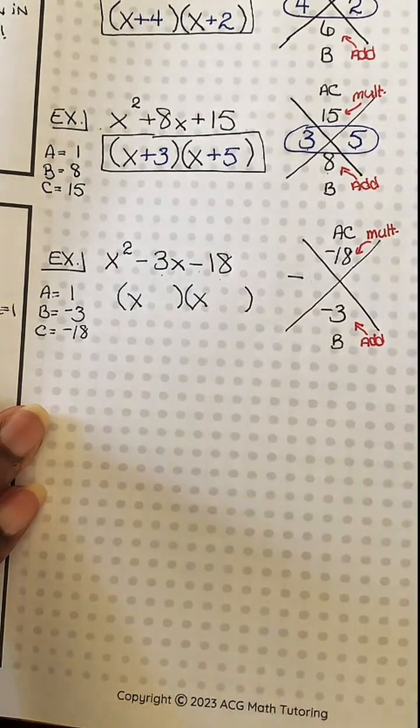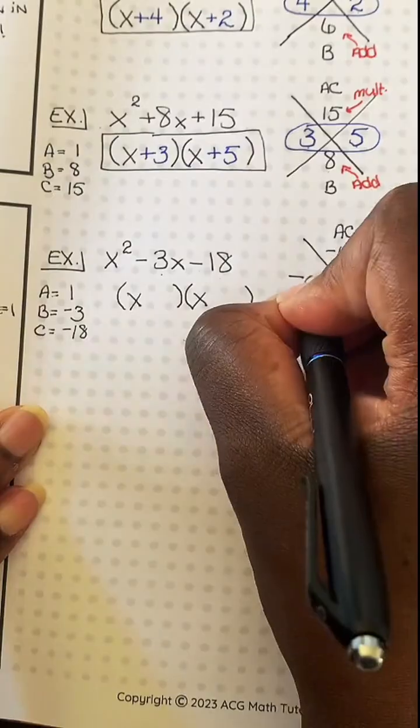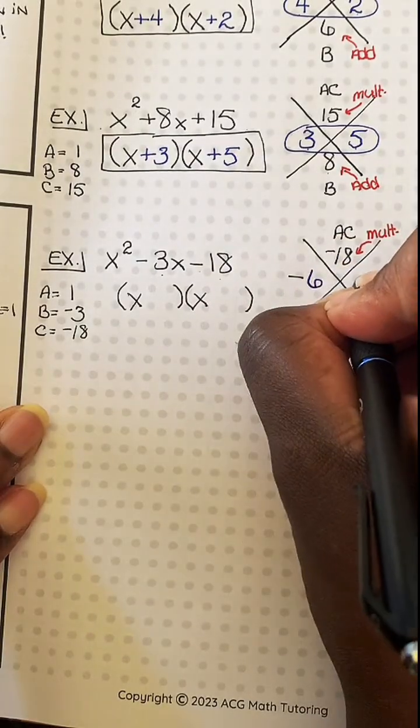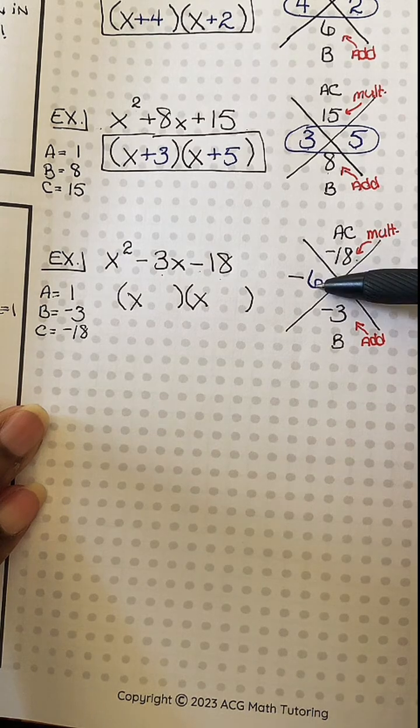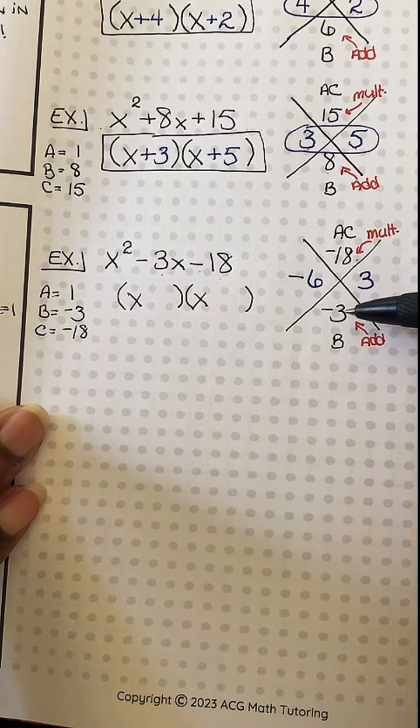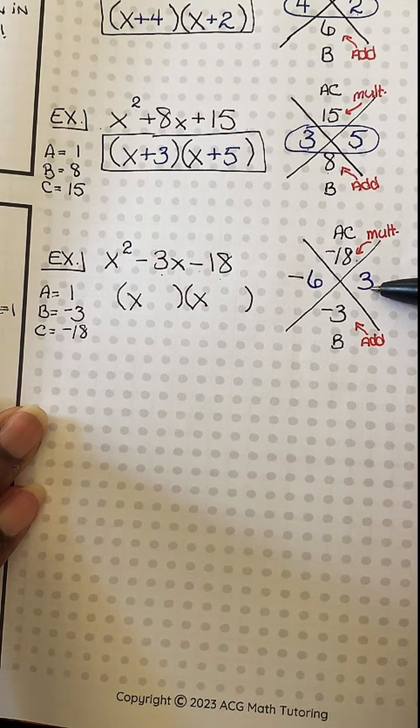Because if I do negative 6 times positive 3, I'm going to get my negative 18. But if I do negative 6 plus 3, I'm going to get negative 3. Think of it this way. You owe me $6. You were so gracious to give me $3. But guess what?